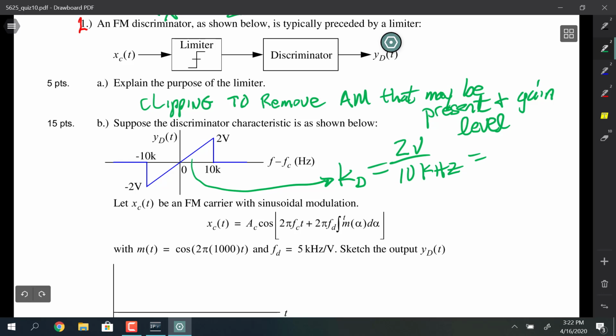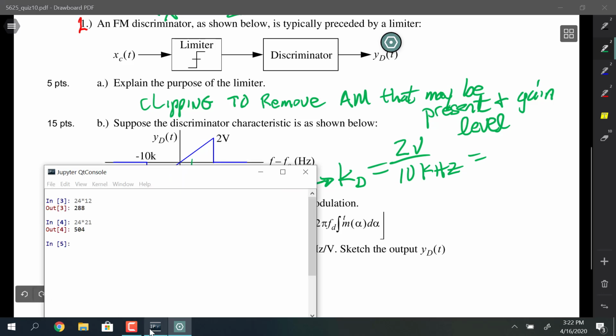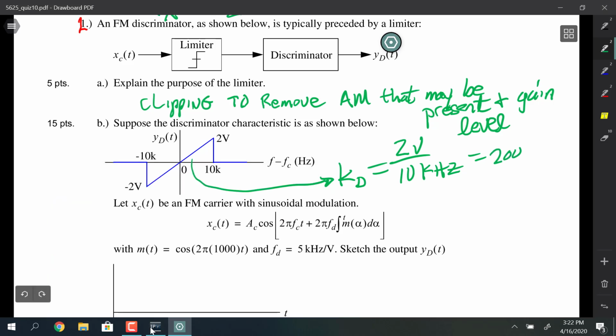If I wanted to put that in terms of volts per hertz, it's 200 microvolts per hertz. That would be the slope of that line, right? Because it rises 2 volts when the frequency deviates 10 kilohertz.